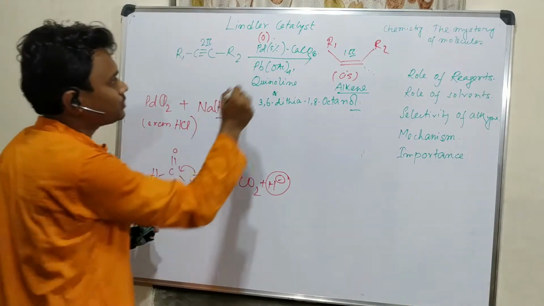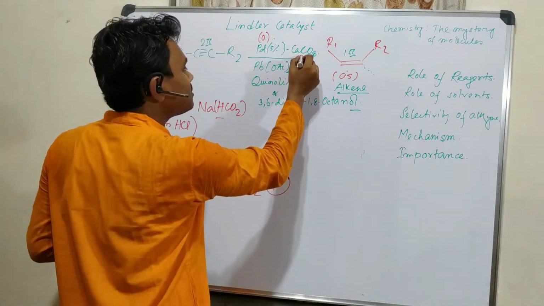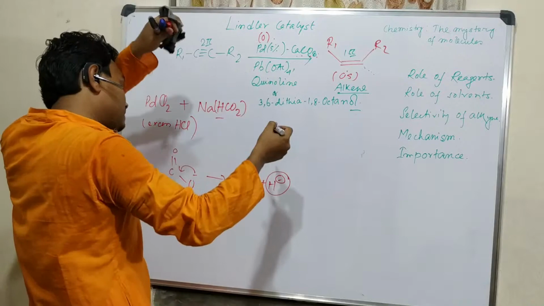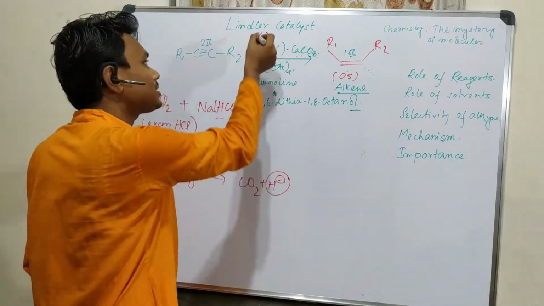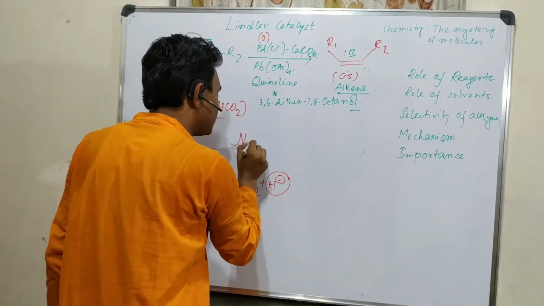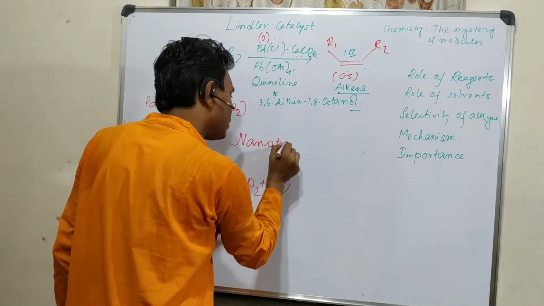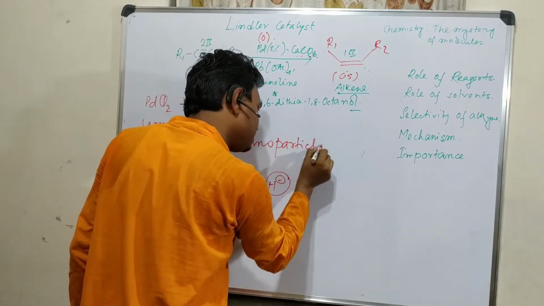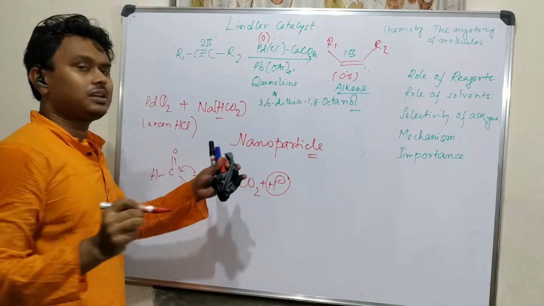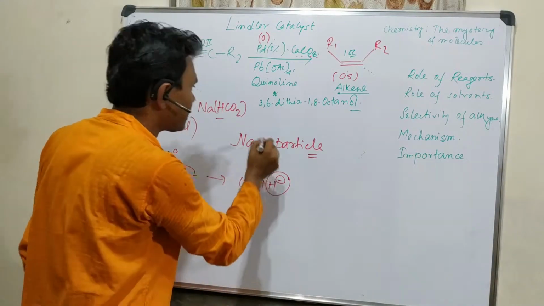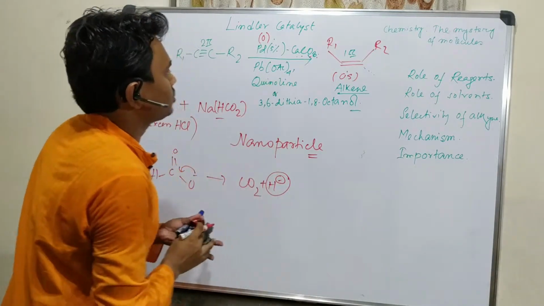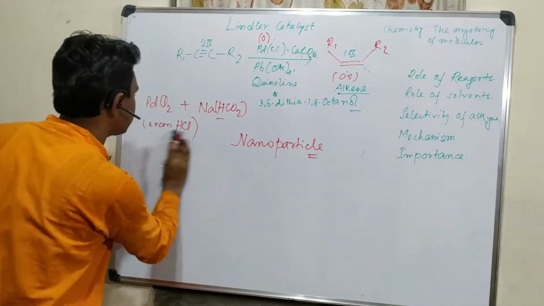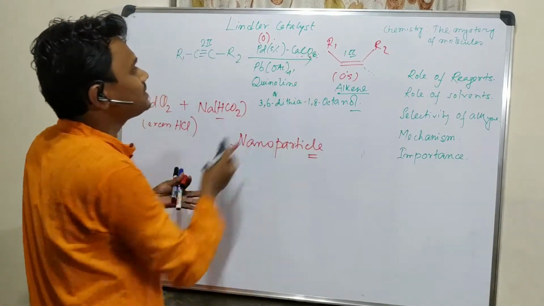And actually what happens during the reaction, calcium carbonate is taken and over that this palladium reduction is happening, and this is actually a palladium nanoparticle. Okay, so it is not a traditional simple palladium complex. This is a palladium nanoparticle. And so first of all, we will discuss the role of the catalyst bed.